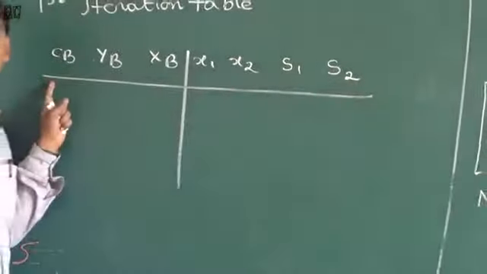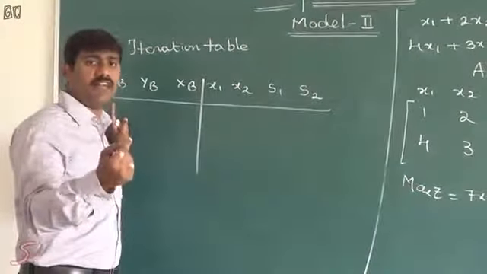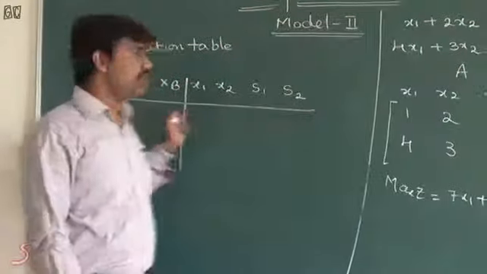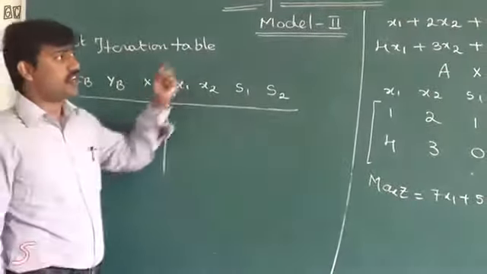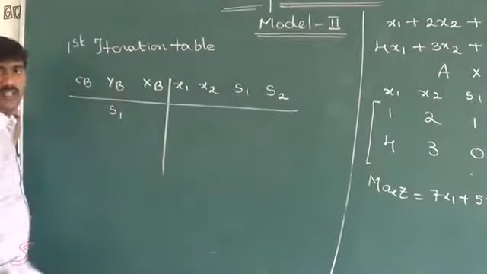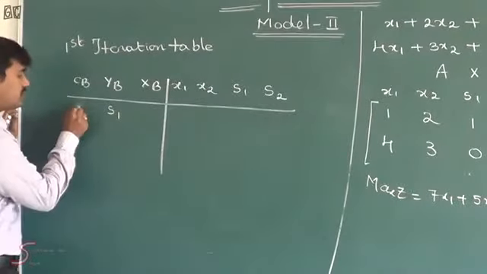What is CB? That is the cost of the introduced variables. Y means the introduced variable and XB means the matrix B. In the first equation we introduced a slack variable, so that is the reason why we have introduced s1. The cost of the introduced slack variable will obviously be 0.